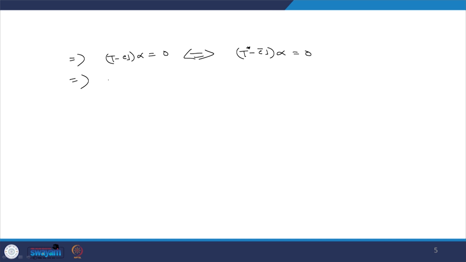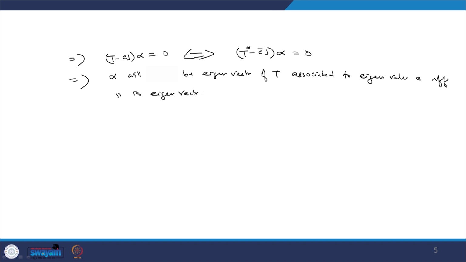So, alpha is an eigenvector of T associated to eigenvalue C if and only if alpha is an eigenvector of T star associated to eigenvalue C bar.